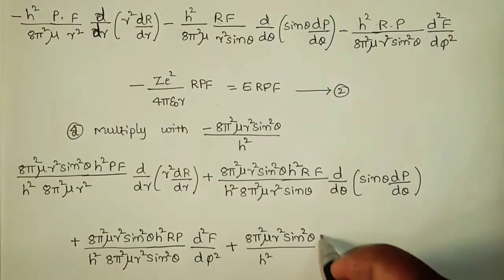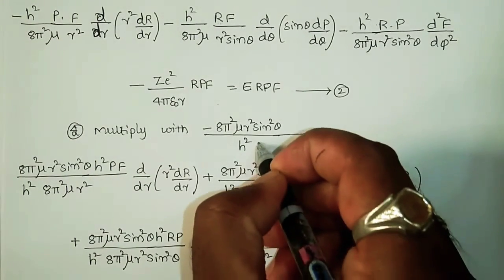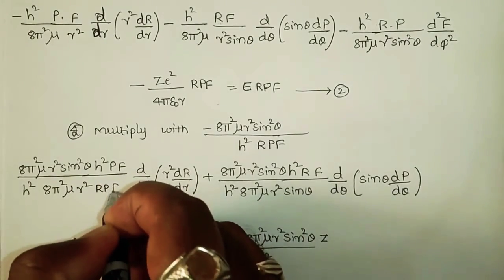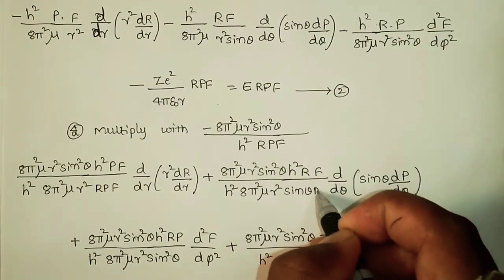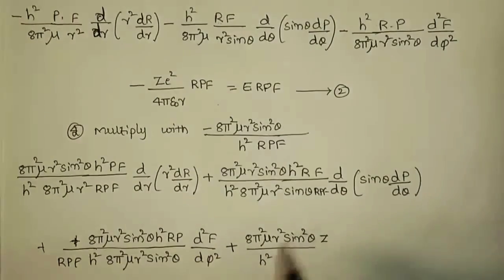And in the numerator we have z, sorry, one more thing I have to introduce over here, rpf, so h square.